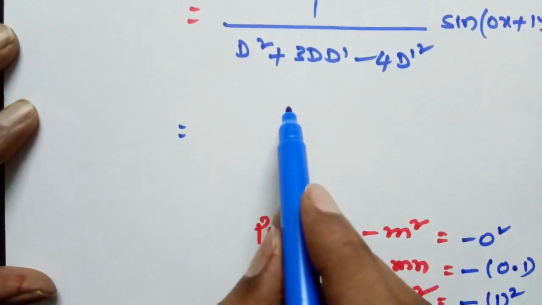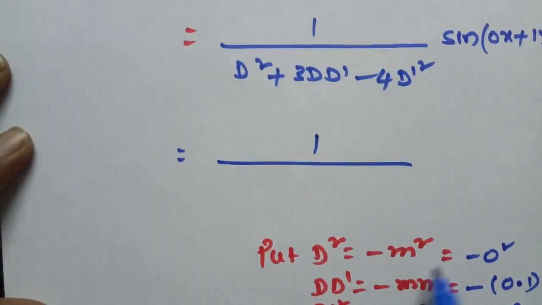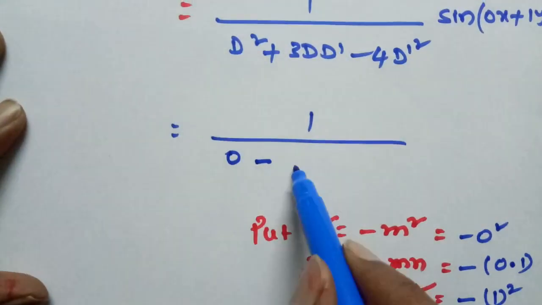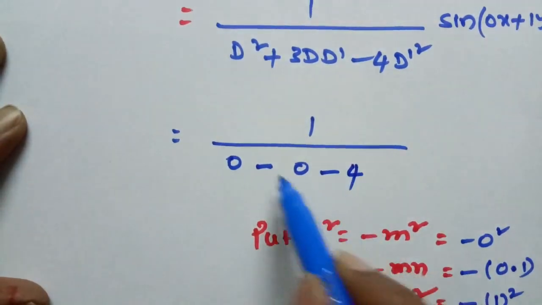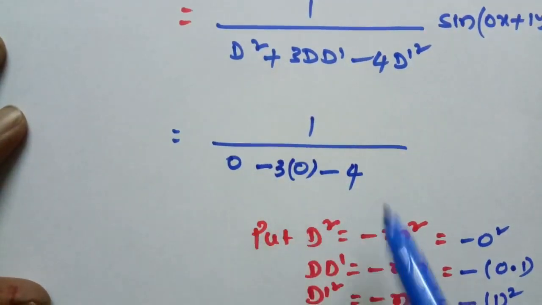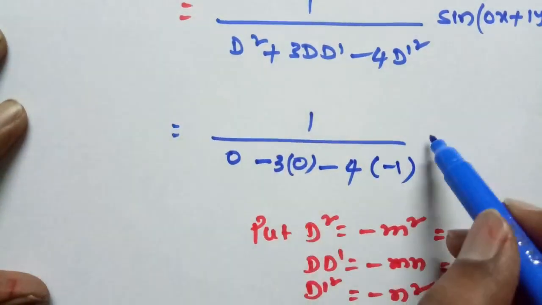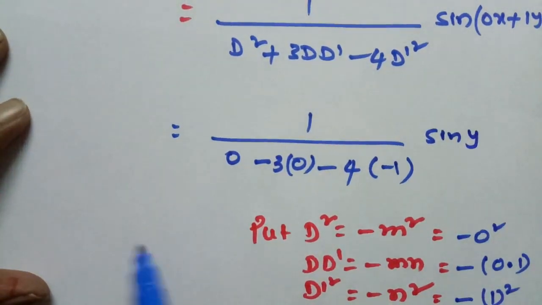Therefore, this is equal to 1 by 0 minus 0 minus, so here 3 into 0, minus 4 into minus 1, into sine of 0x, that is 0, sine y.